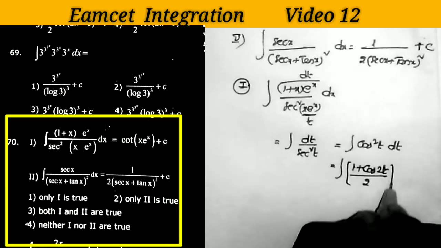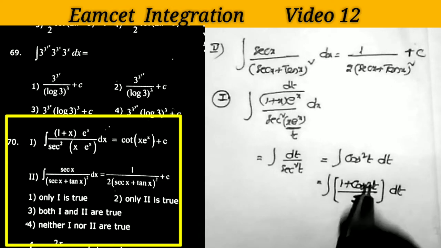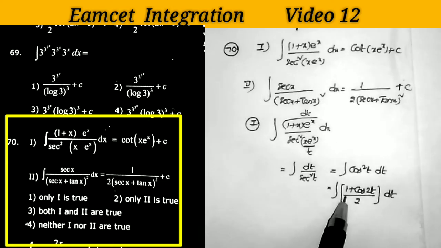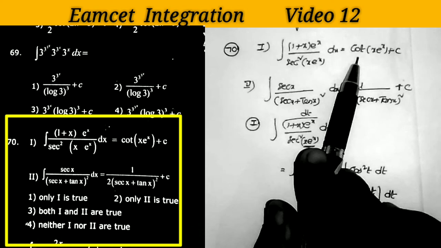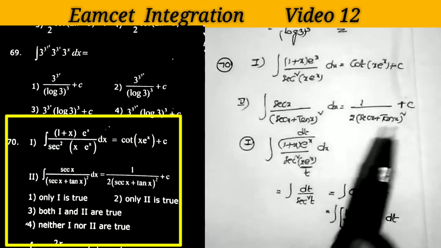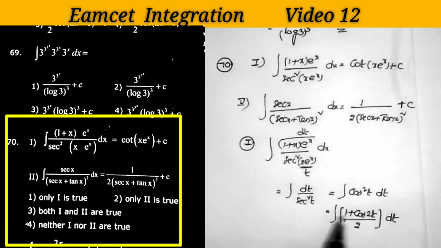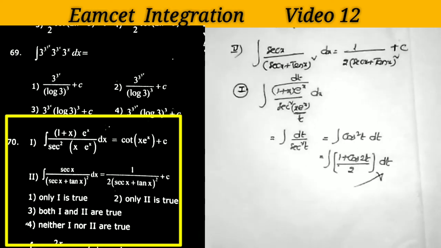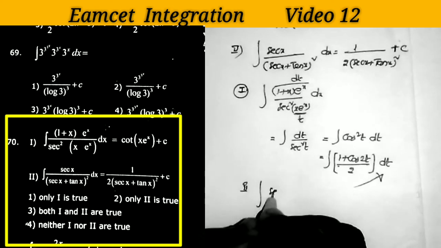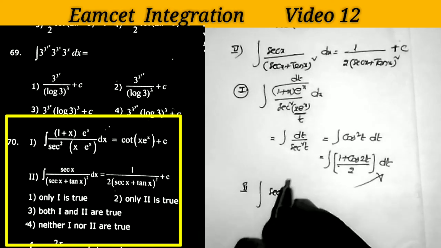Just replace the formula: integral (1 plus cos 2t) by 2 into dt and then do the integration. Obviously it doesn't give the value cot of x into e power x. We have here minus cosecant square t, then it returns the value cot t. But here this is some other function. So the first statement is not correct. This is false.